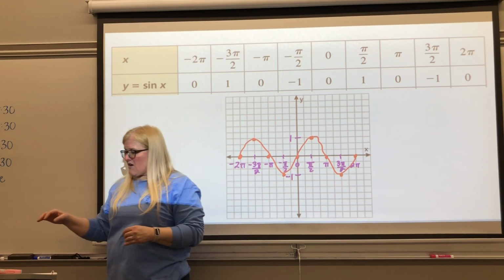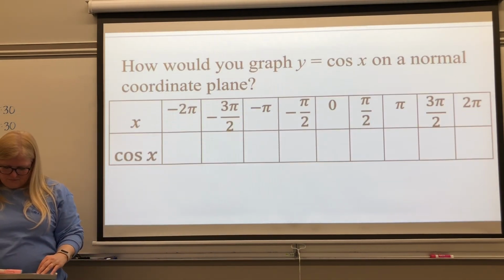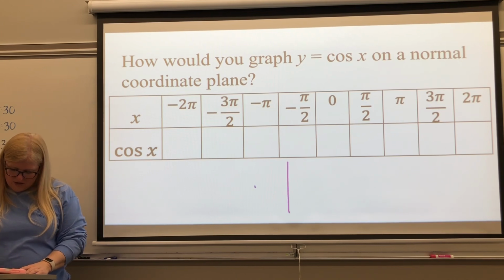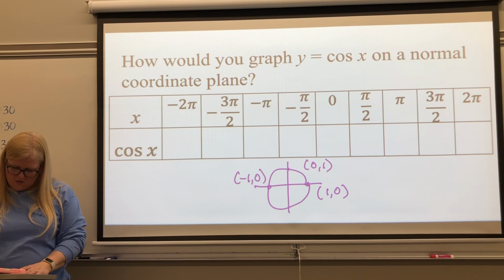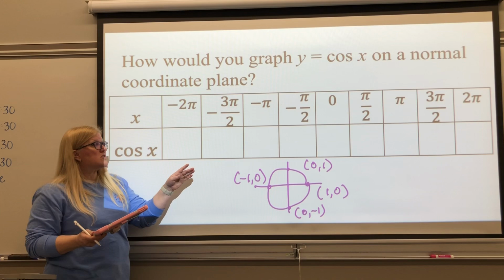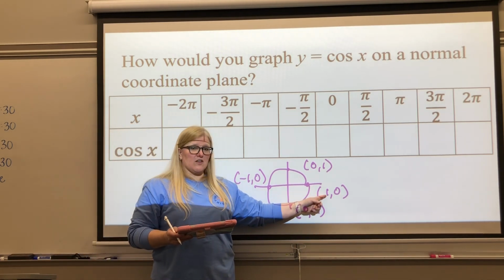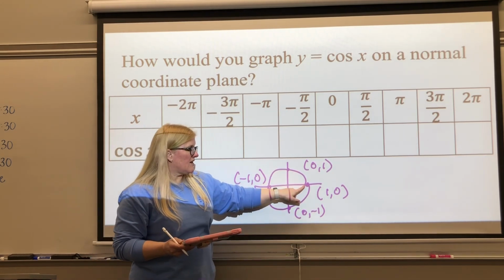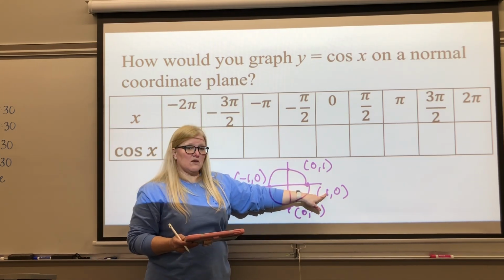All right, let's do this again, but let's do it with the cosine. Again, I have my unit circle. Oh, wow, that is bad. 1, 0. Here is 0, 1, negative 1, 0, and 0, negative 1. Again, this time cosine is my x value. So cosine of negative 2 pi is 1.